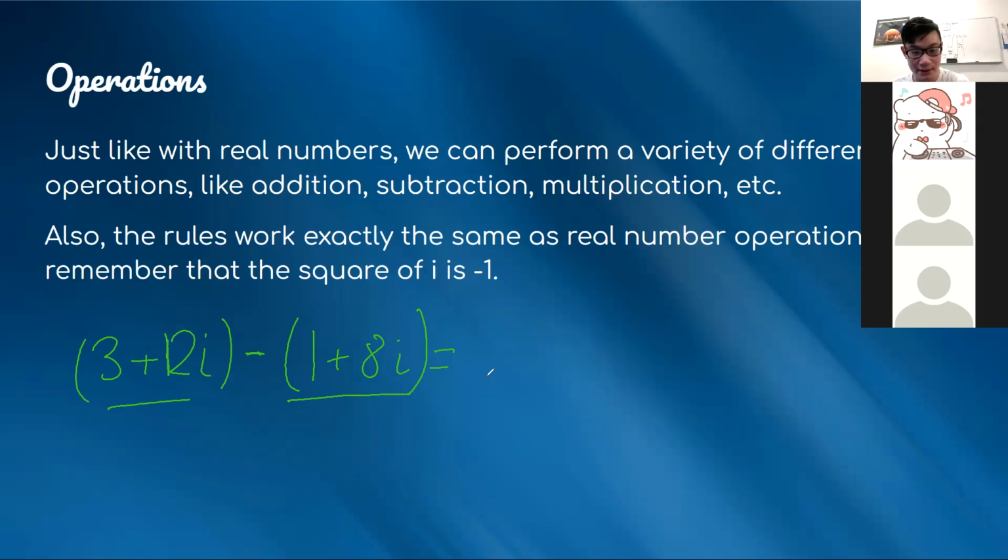We would just do 3 minus 1, and then 12i minus 8i. 3 minus 1 is 2, and 12 minus 8 is 4. We add the i back, and then this is our answer.